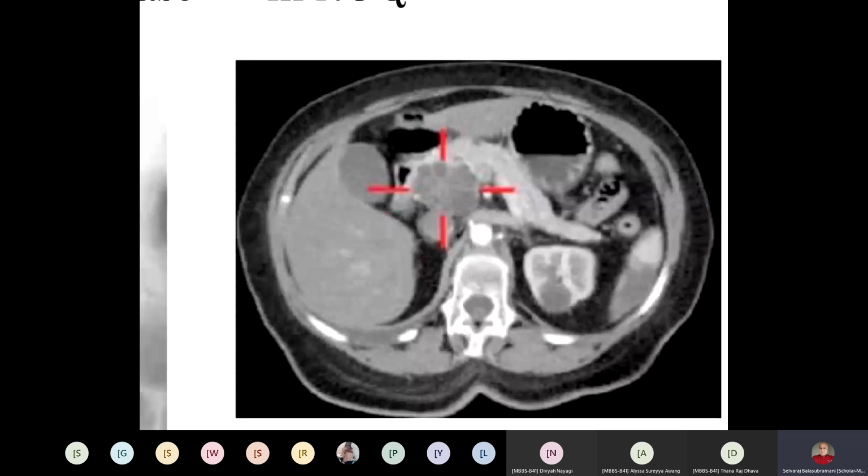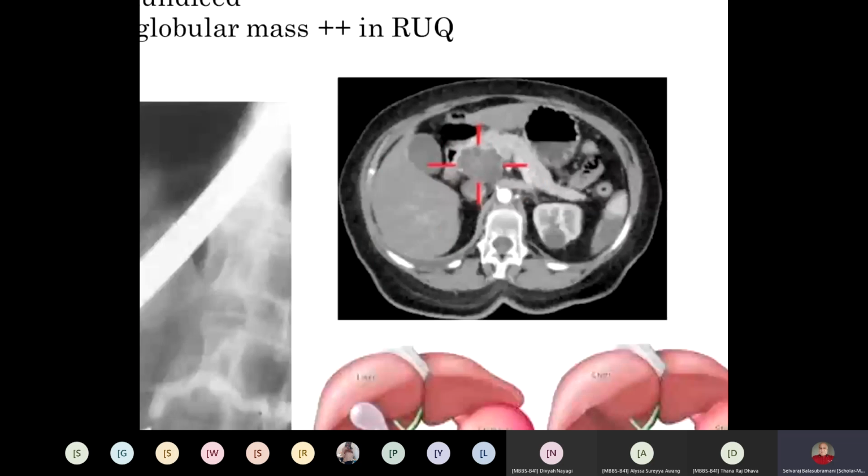Encasement means it is encircling the vessel more than 180, maybe up to 360 degrees. If it is engulfing or encasing the arteries by more than 180 degrees, you cannot do surgery because it is involving the major blood vessel. That is the problem. You can do only palliative surgery. You have to know the resectability of the tumor. For that, this CT scan is very important for staging the disease.